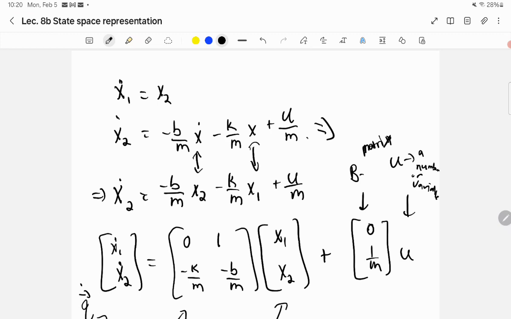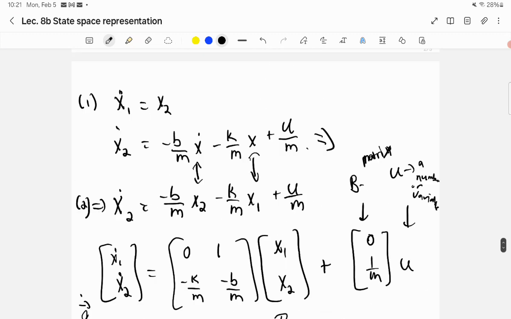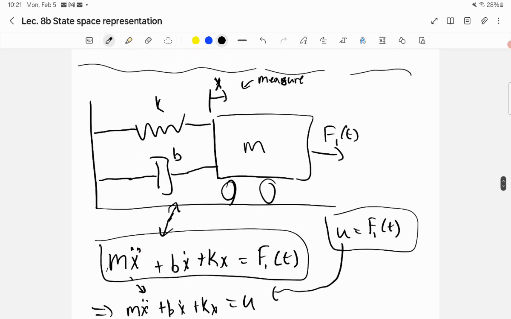Now if I take these two equations, equation 1 and let's call this equation 2, now I have my full representation in terms of the state vector. Okay, so I'm going to have a state vector x1, x2, and I have that part down. Now remember that I also have a measurement term, so now to get the full state space representation, I need more than just the state vector.